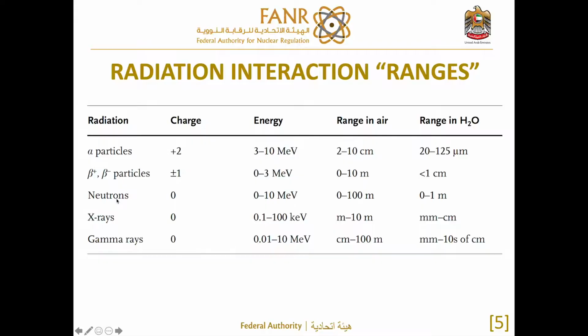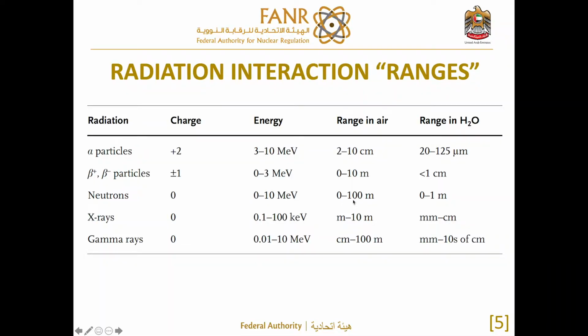Now, the other three radiation here, neutrons and photons in terms of X-rays and gamma rays, they are, of course, uncharged radiation, so they don't bear any charge. Neutrons can be emitted with a very wide range of energies, ranging from a few mega electron volt, even more in big accelerators or in galactic radiation, down to milli electron volt or even much less.